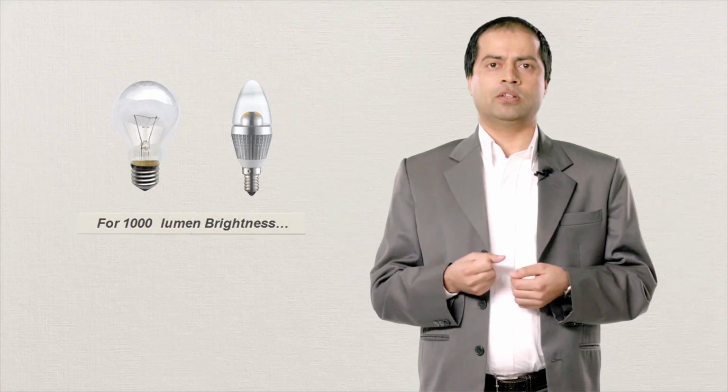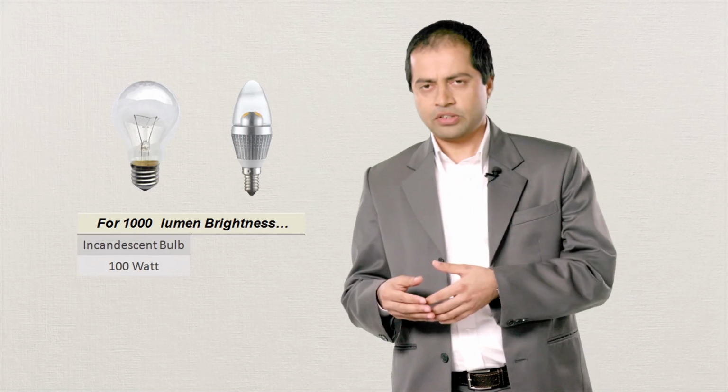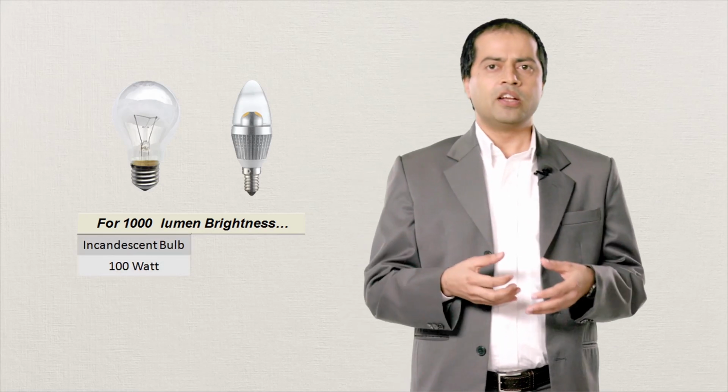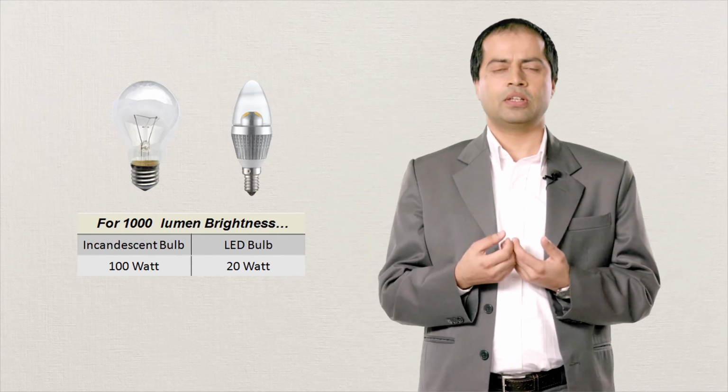Let us now think of two different light bulbs, an incandescent bulb and a LED bulb. Both bulbs deliver the same brightness, let's say 1000 lumen. The conventional bulb needs about 100 watts, whereas the LED bulb needs only 20 watts to deliver the same brightness.